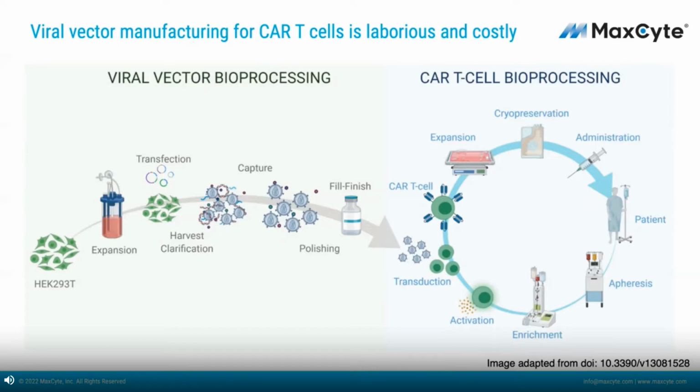Of course, that means that you will always have a highly effective drug product, and you don't need to worry that much about the CAR receptor no longer being expressed on your T cells.